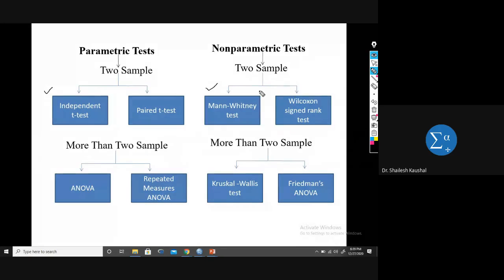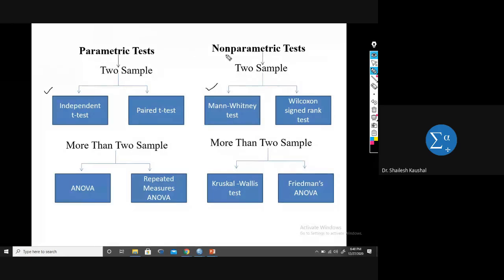Here in the Mann-Whitney U test, we will not compare two means. We will compare two ranks, mean rank. Because non-parametric data is ordinal data, and parametric data is metric data.